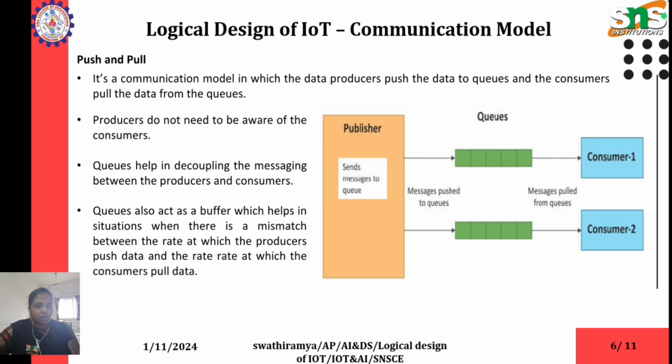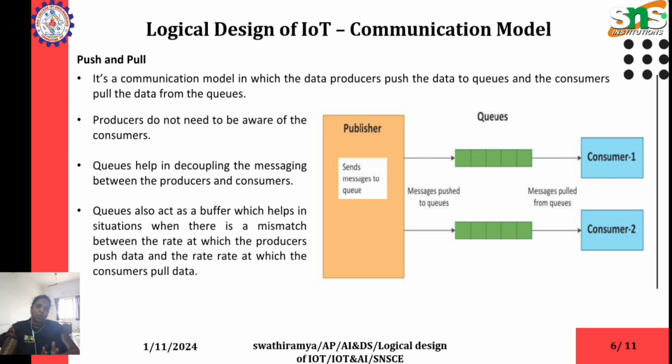It is a buffer which helps when there is a mismatch between the rate at which the producers push the data and the rate at which the consumer pulls the data. The queue is a very important part here.